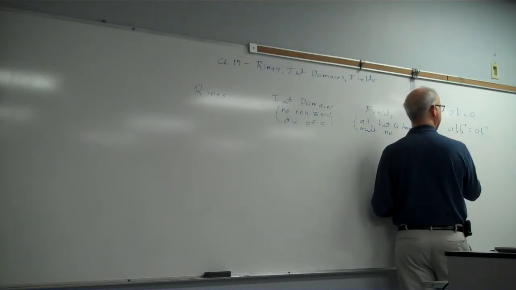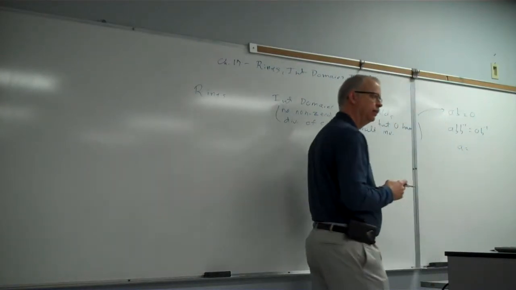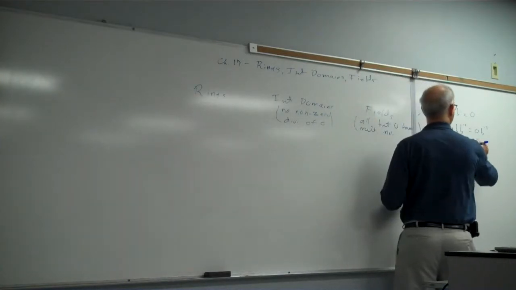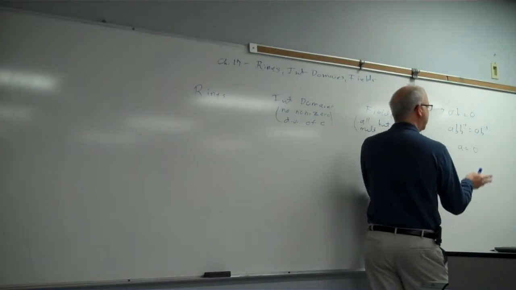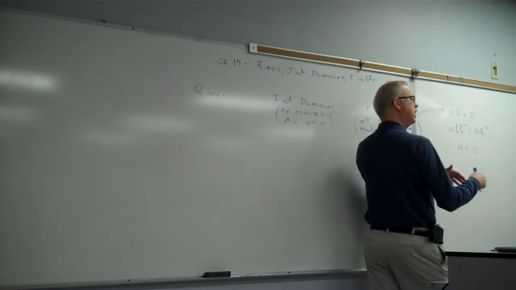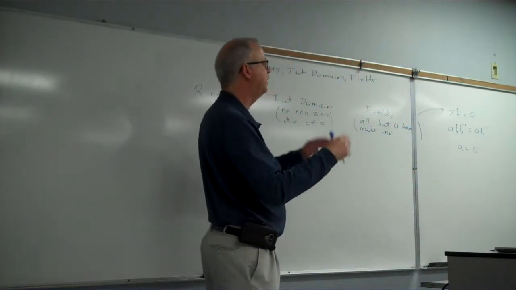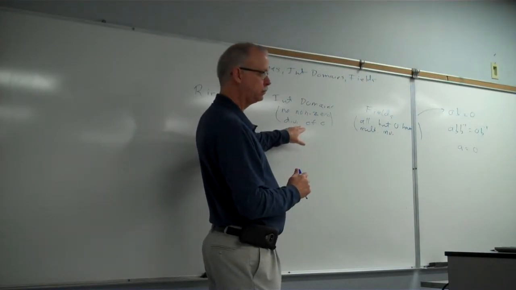B times B inverse is the identity, and A times the identity is A. What do I get on the right-hand side if I take 0 times something? We get 0. And so if AB has to be 0 and B has an inverse, A has to be 0. And the only way B wouldn't have an inverse is if it's 0. So if everything has an inverse except 0, well then we have to have an integral domain.